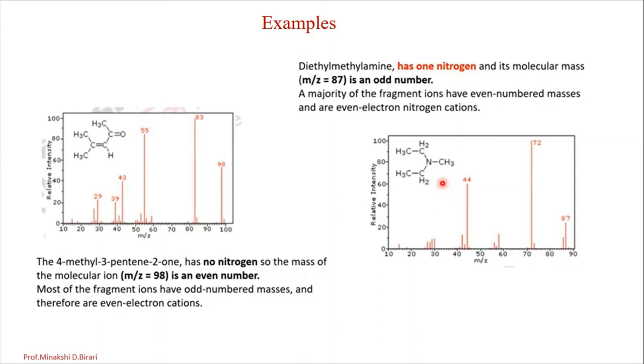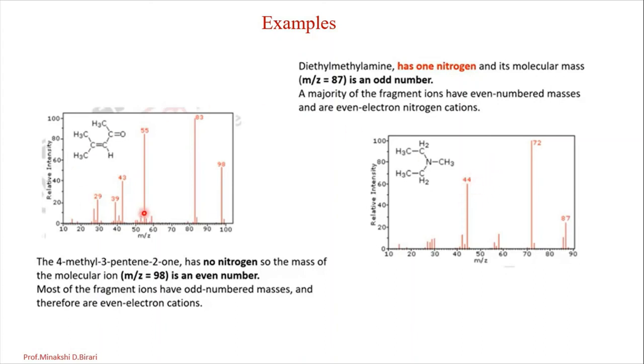That is the conclusion: diethyl methylamine has one nitrogen, an odd value, and its molecular mass is also observed at an odd number, M by Z 87. But most of the fragment ions have even numbered masses.